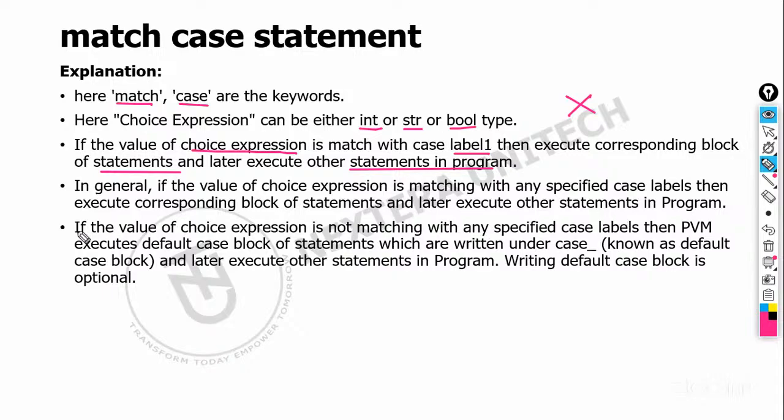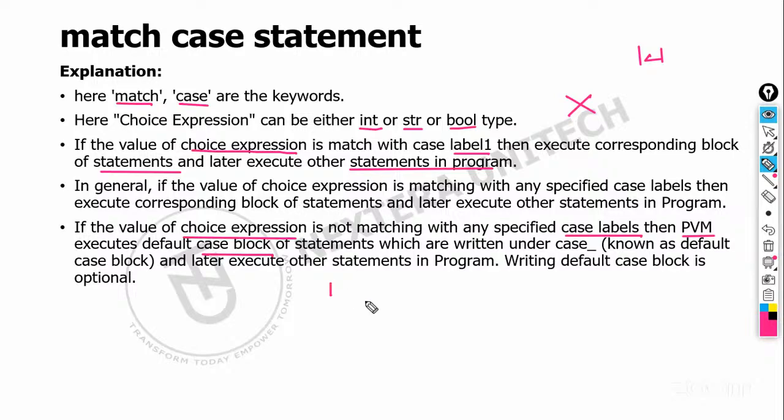But what if the value of the choice expression is not matching with any of the specified case labels? Within the syntax, we have label 1, label 2, label 3, and so on. If the labels are not getting matched, then the PVM, the Python virtual machine, executes the default case block, the case underscore.